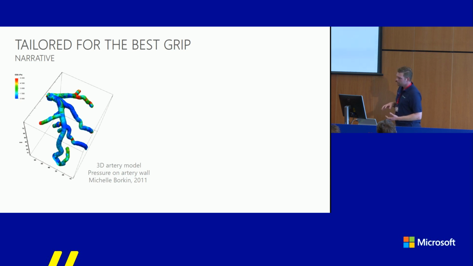2011, and it's actually quite great in visualizing, I think, pressure in the artery. But it was difficult for a lot of doctors to understand and look at it and find the right spots.